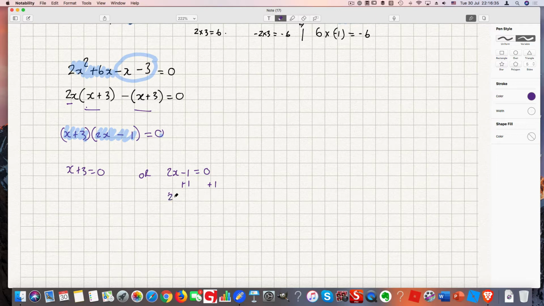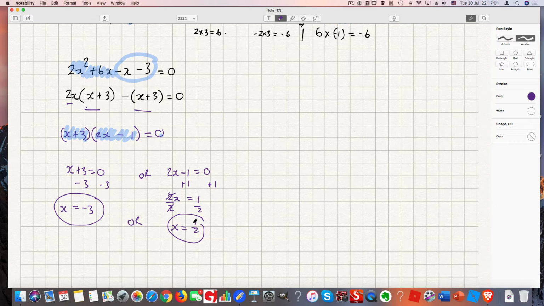So now we have 2x is equal to 1, and then we divide by 2 and divide by 2, and the 2s cancel, which means x equals a half. Or we take away 3 from both sides, so then we have x equals minus 3. So x equals minus 3, or x equals a half.